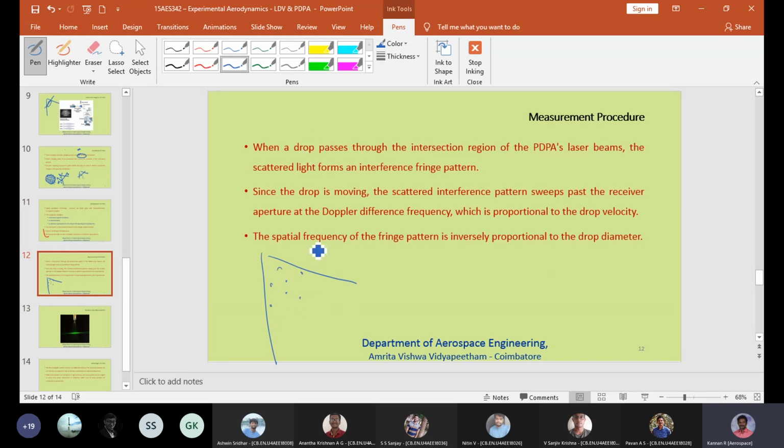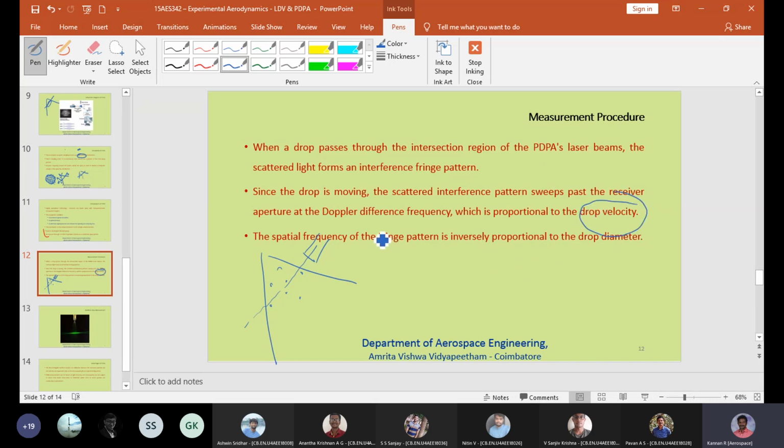For example, this is your laser light interaction zone. A drop is going to pass through your laser beam sections. The light is going to be scattered and forms interference patterns with the help of your receiving optics. Since the droplet is moving, the scattered interference pattern sweeps past your receiver aperture at your droplet shift frequency, which is proportional to your droplet velocity.